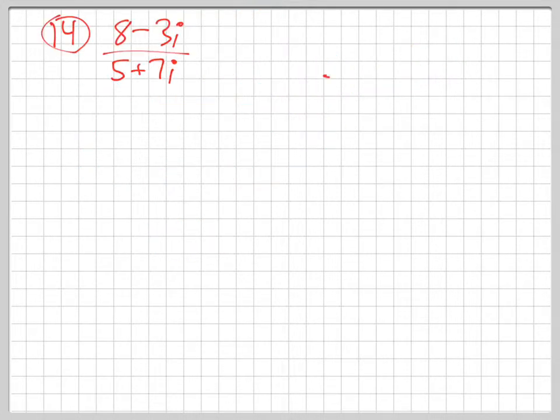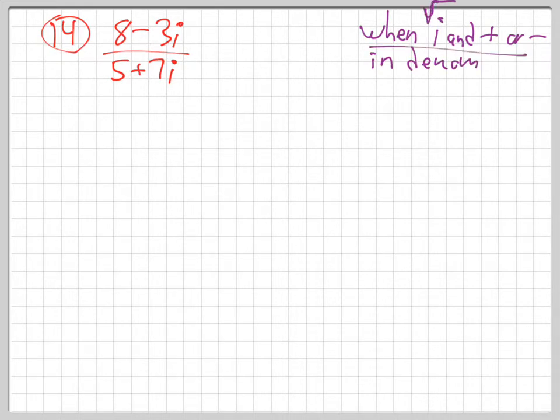Multiply by the what? Conjugate. Yeah, that's it. So when you have i and plus or minus in the denominator, or if you have a root or an i, either one, and a plus or minus, you've got to multiply by the conjugate. And what's the conjugate?